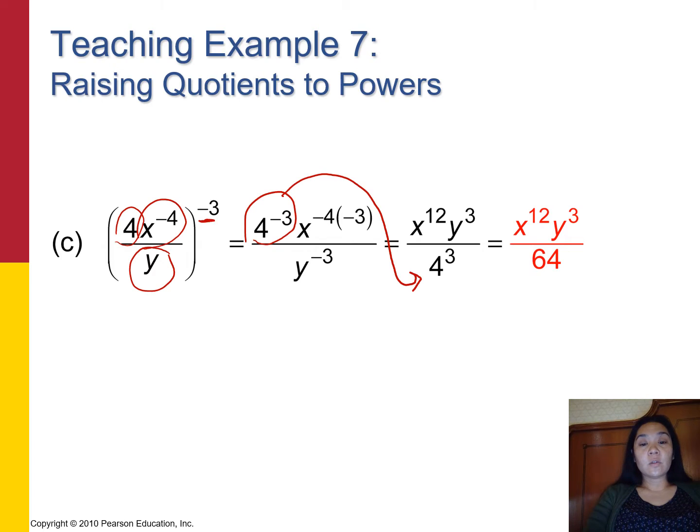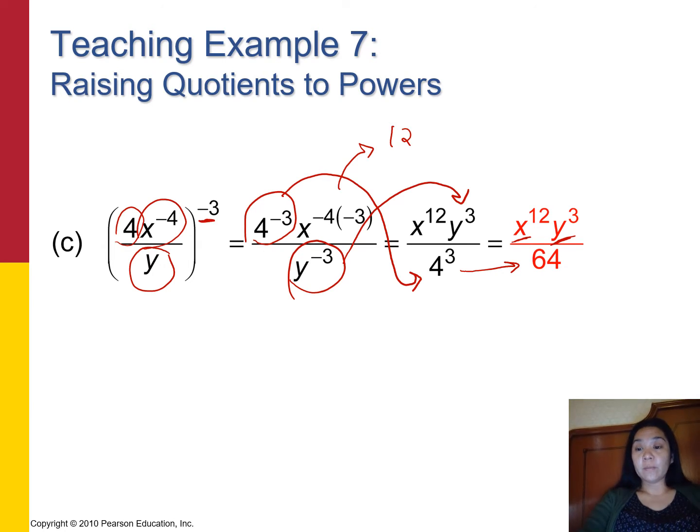X to the minus 4 times minus 3 is really x to the 12th power. And minus times a minus is positive, right? And then again, y to the minus 3 power, we're going to make this positive. And so notice it ends up here. And so once we simplify that, you have x to the 12th power, y to the 3rd power, and then 4 to the 3rd power is 64.